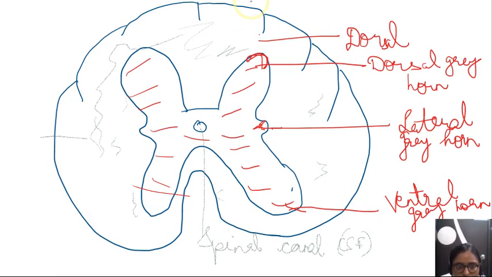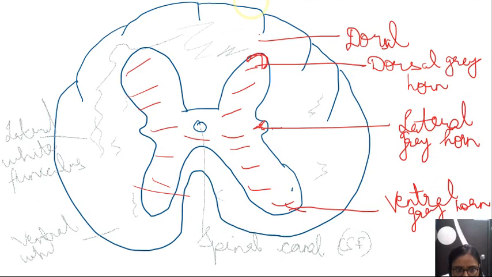This is a lateral white funiculus. Likewise, this is the ventral or anterior, anything you can say, ventral or anterior white funiculus.